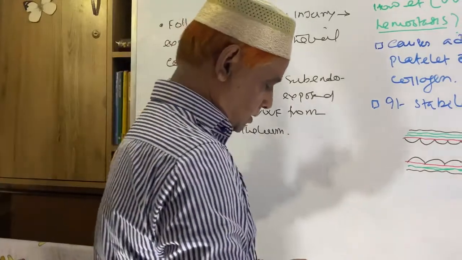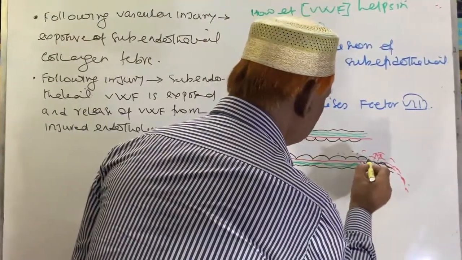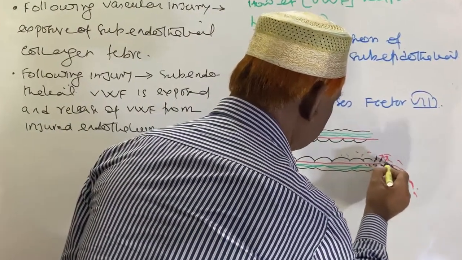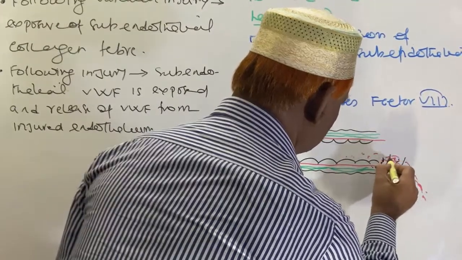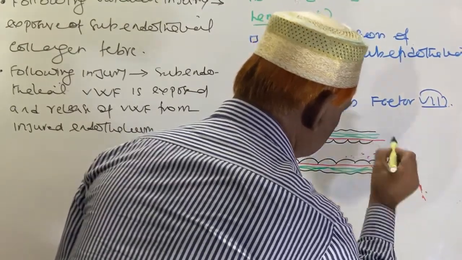Suppose these are the von Willebrand factors, the black ones. These are exposed.